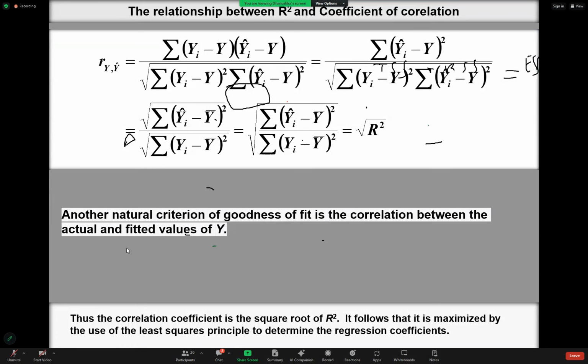Then another important criteria is the relationship between the actual value and the predicted value.